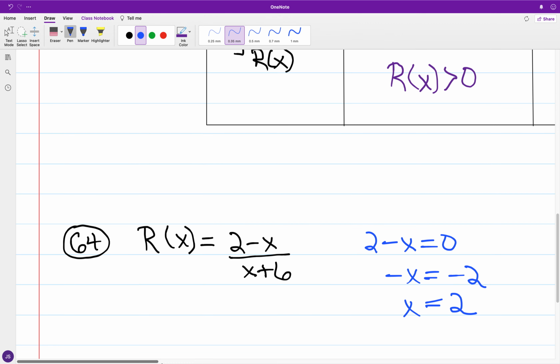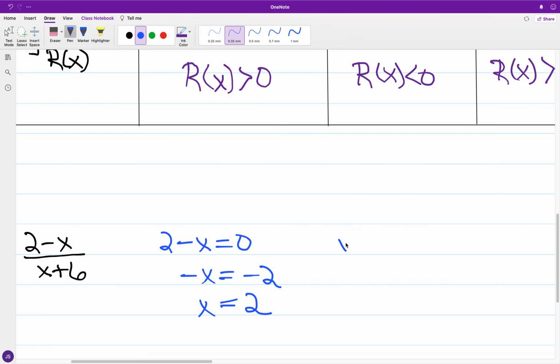As for x plus 6 equal to 0, we have x is equal to negative 6.